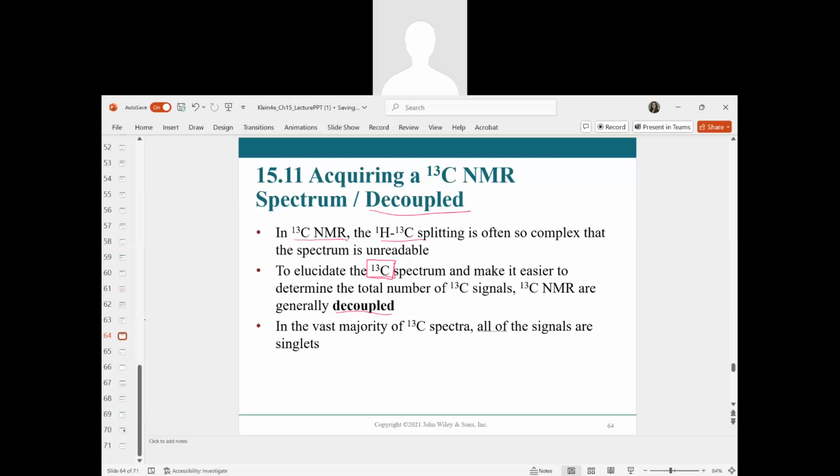They are then able to subtract one from the other to decouple this data, and we only see these carbon-13 spectra with all of the signals resulting as singlets. So it makes a much easier to read spectrum.